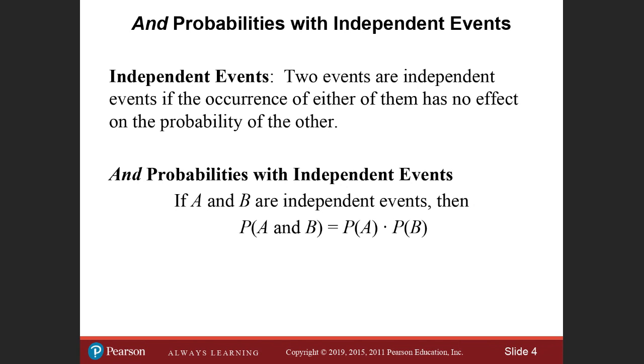So the formula is P of A and B, that's the probability of A and B, equals the probability of A times the probability of B. Remember, we are using the word and now. Before, we were using the word or, so that would be a plus.